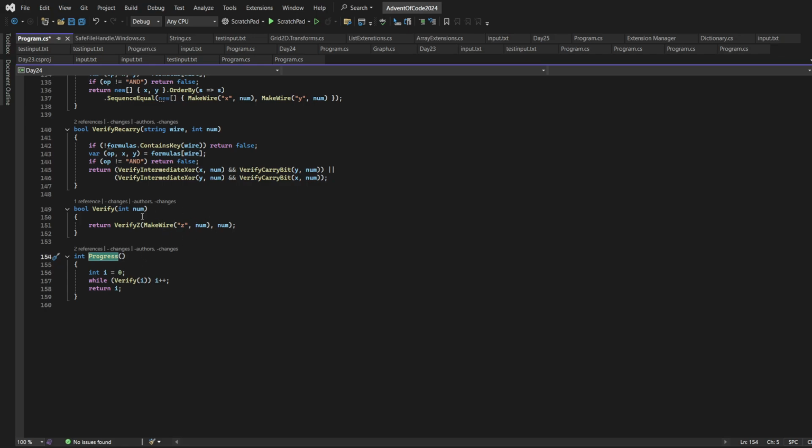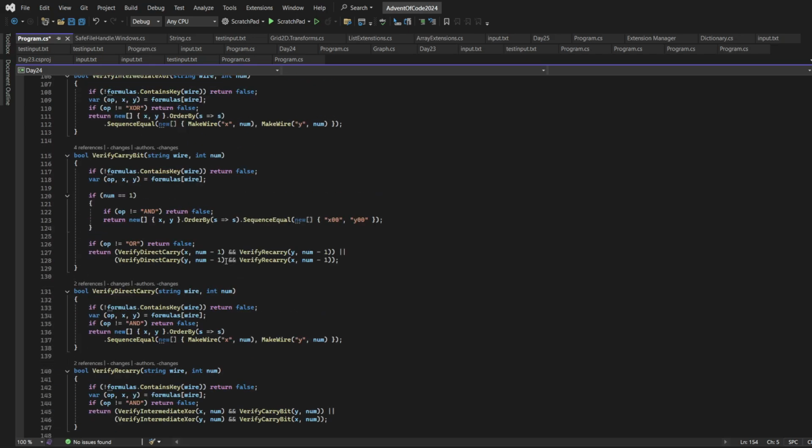We will verify that the 0 is correct, and if so, we will move on to the next, and as long as verify returns true, we will just loop, and when verify suddenly returns false, we will come back from that.